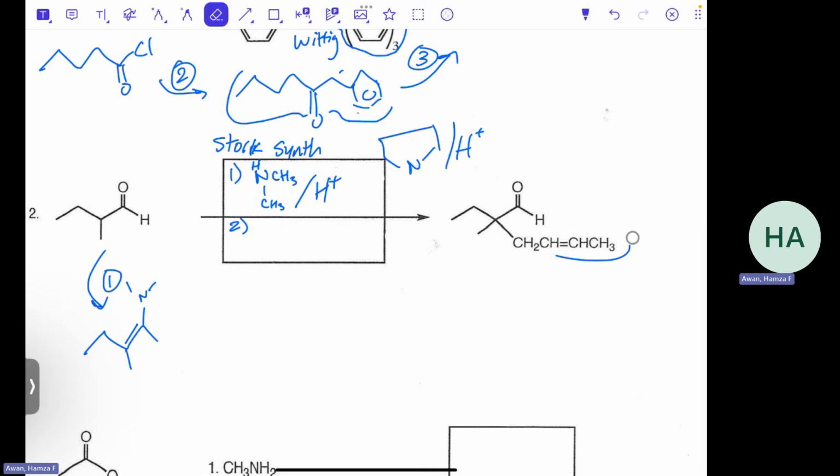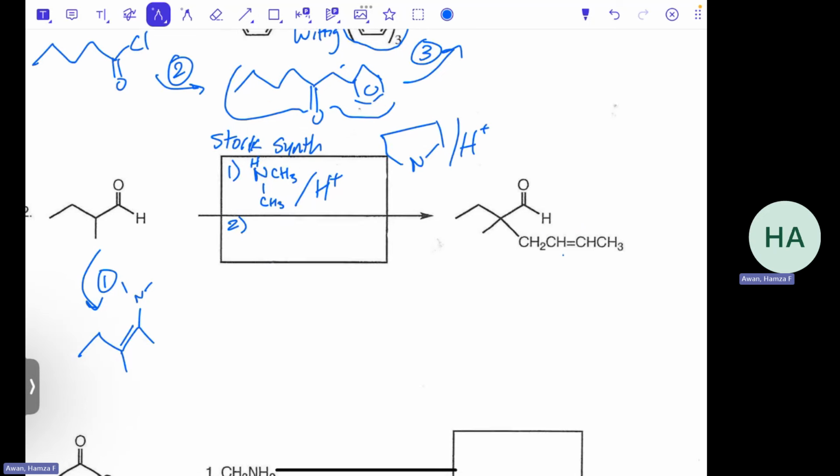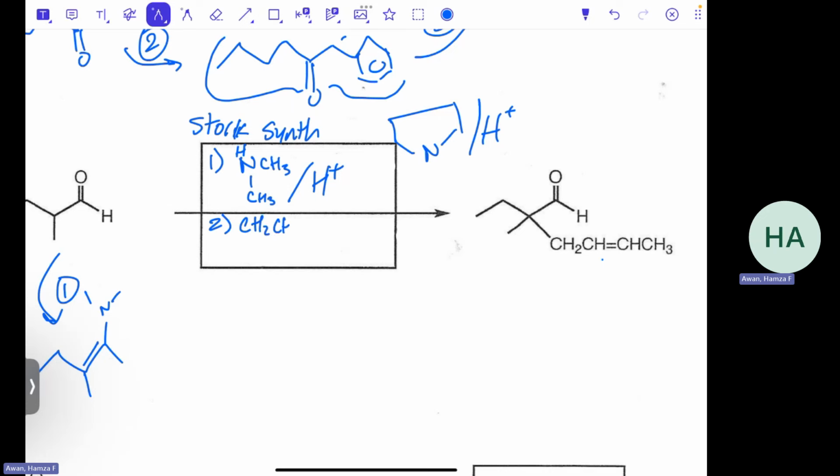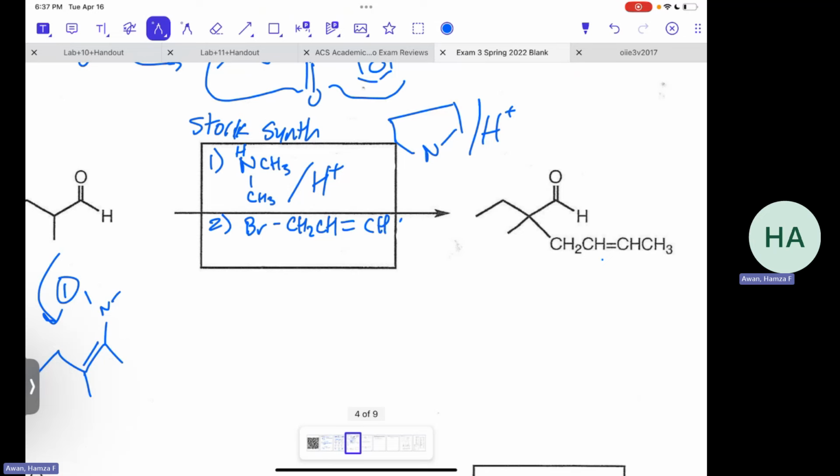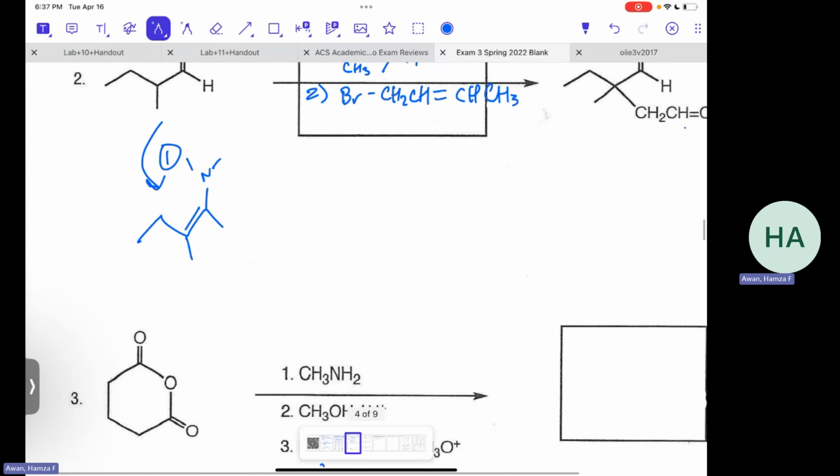We're going to add the group CH2CH, or I guess we're going to put a bromine on it: Br-CH2CH double bond CHCH3. What that's going to do is this carbon is going to attack, causing this to move over here and have a double bond, creating an iminium. So we're going to have an iminium after step 2.